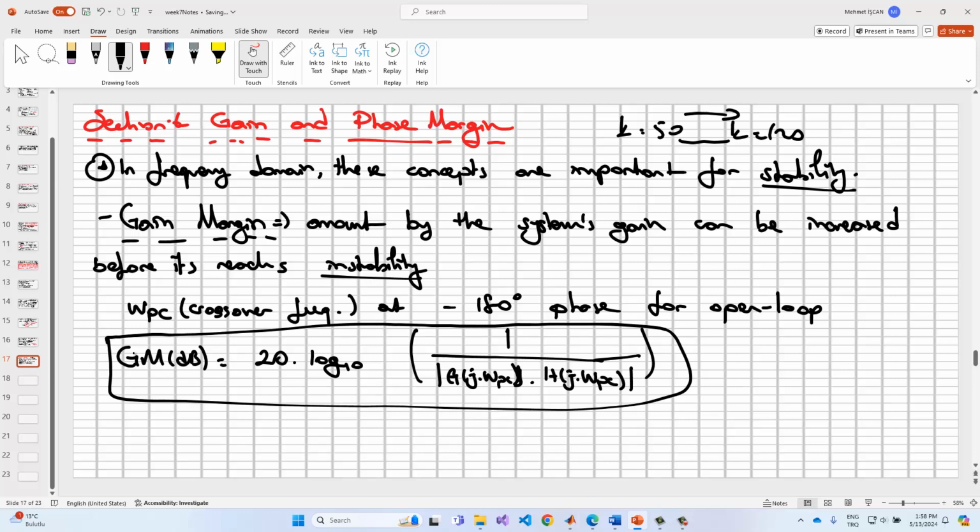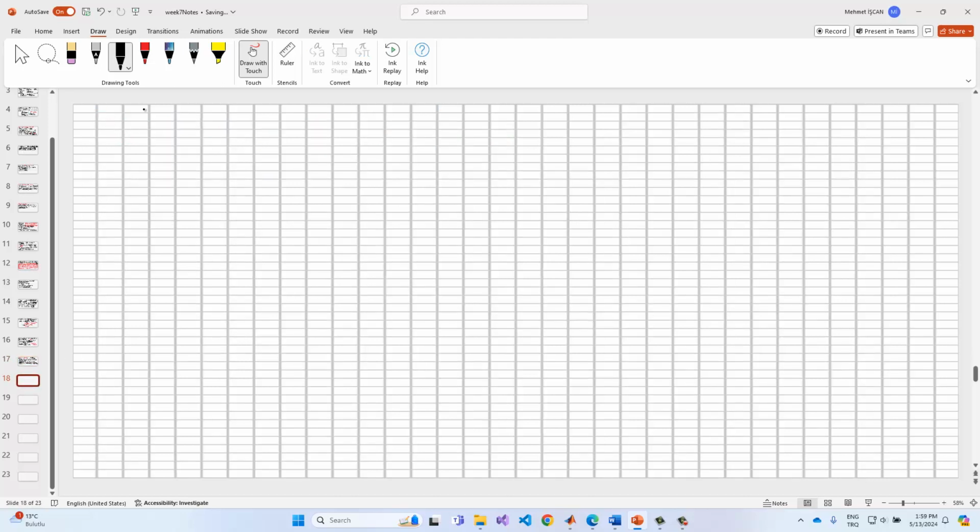And so this is the crossover frequency for the gain margin, okay. And so Wpc is called the frequency value at 180 degree phase. And also we have another important concept in here, the phase margin.